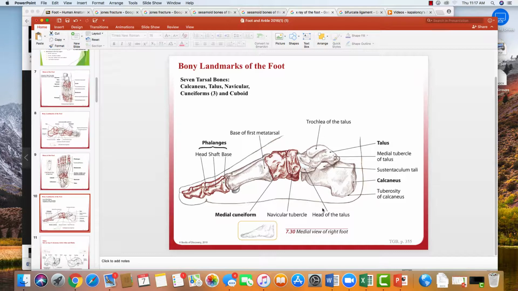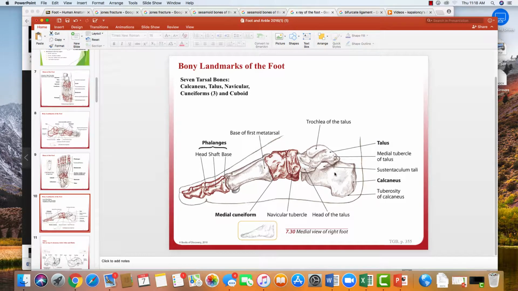Important structure to point out on the calcaneus, we've got a little notch right here. It's a bony prominence. It is part of the calcaneus, and on the superior aspect here, it does articulate with the talus. So it's one of those areas that does touch, and it's called the sustentaculum tali.